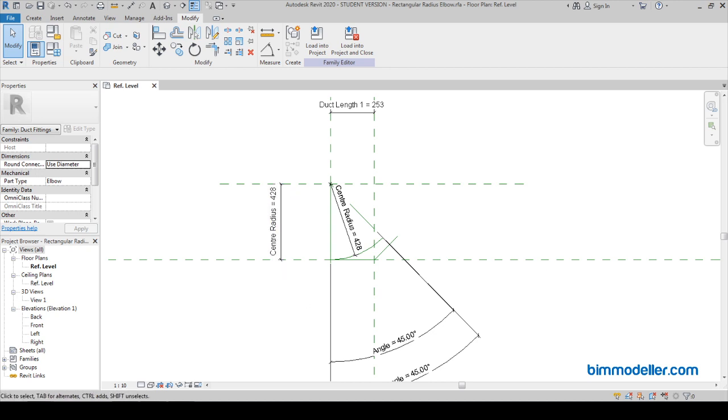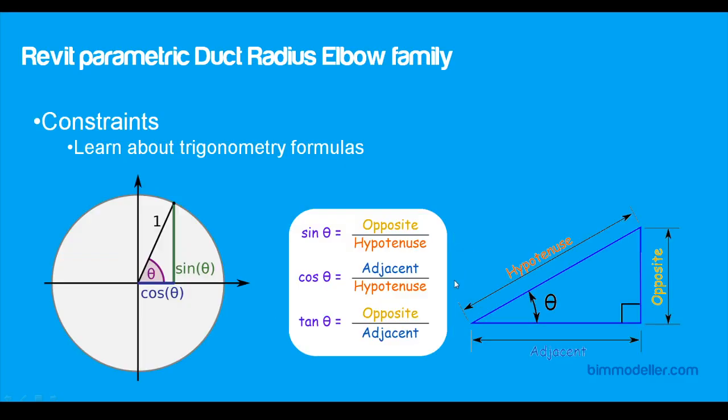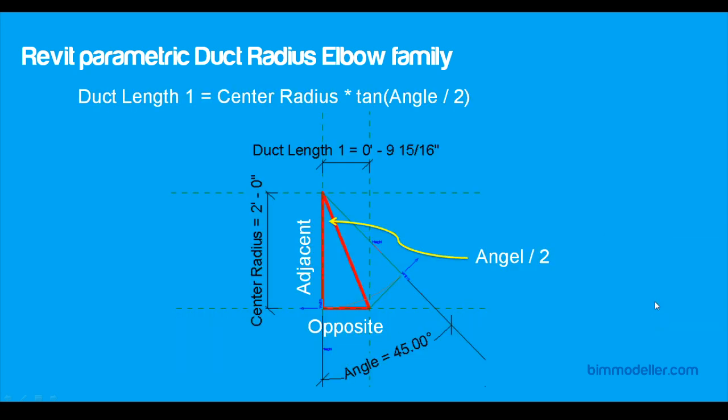So we know both the values, so our formula will be something like this. We need to know the opposite side; we know the angle and the adjacent side. So we have to find out the opposite side length, which means the duct's length.